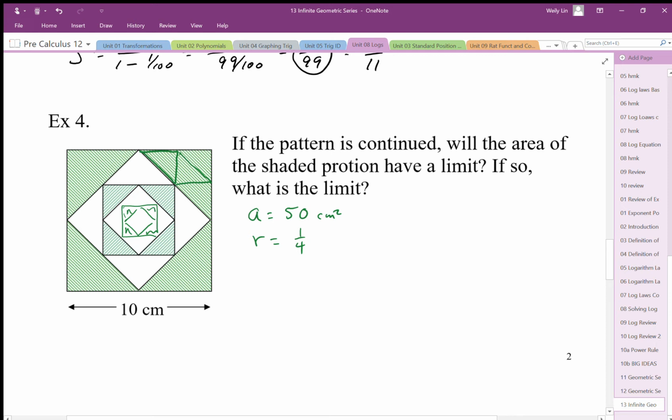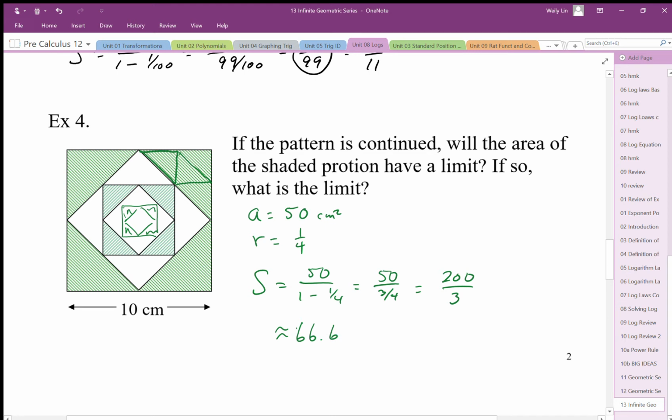Well, this must have a limit. It's an infinite series, and I can write it with my infinite series formula. It's going to be 50 over 1 minus 1/4. When I work this out, this is 50 divided by 3 over 4, or 200 over 3. So it's approximately equal to 66.6 repeating.